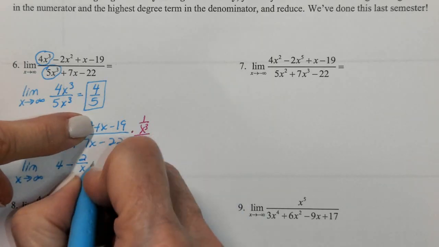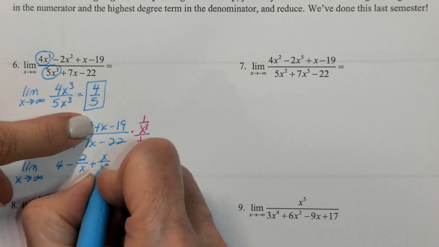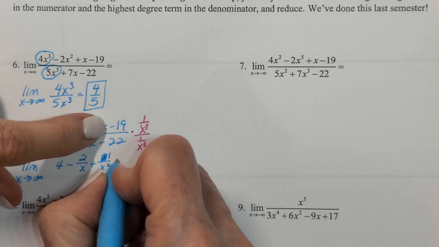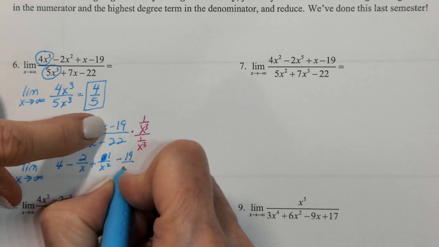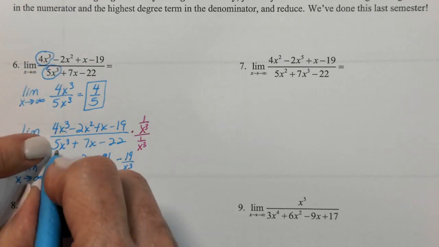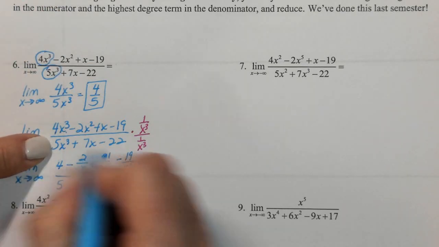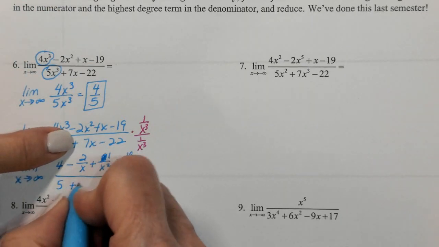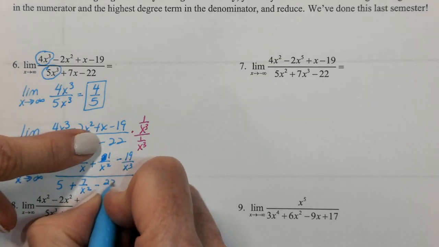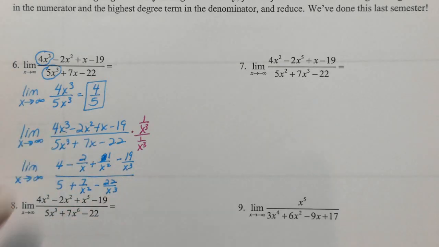X over x cubed is x over x squared, is 1 over x squared. 19 times 1 over x cubed is 19 over x cubed. On the bottom, we have a 5 plus 7 over x squared minus 22 over x cubed.